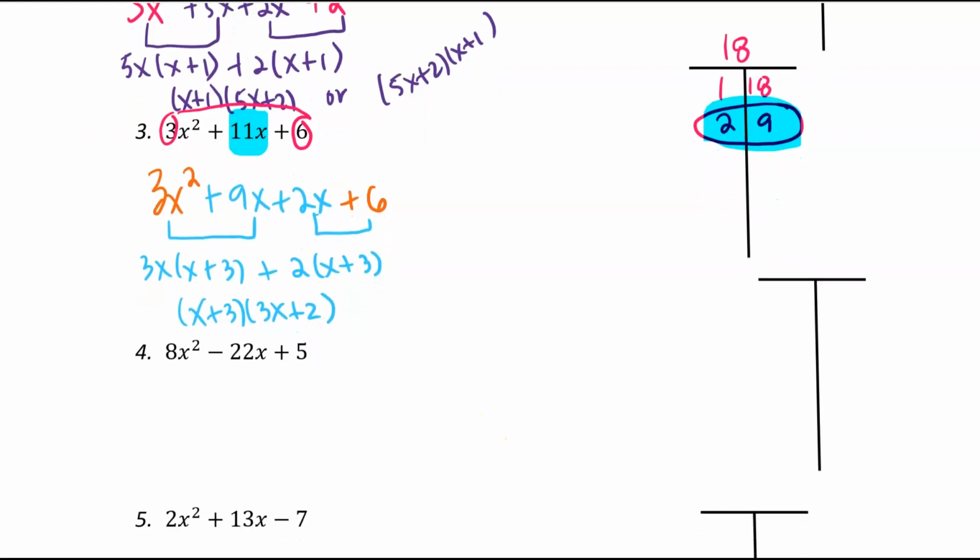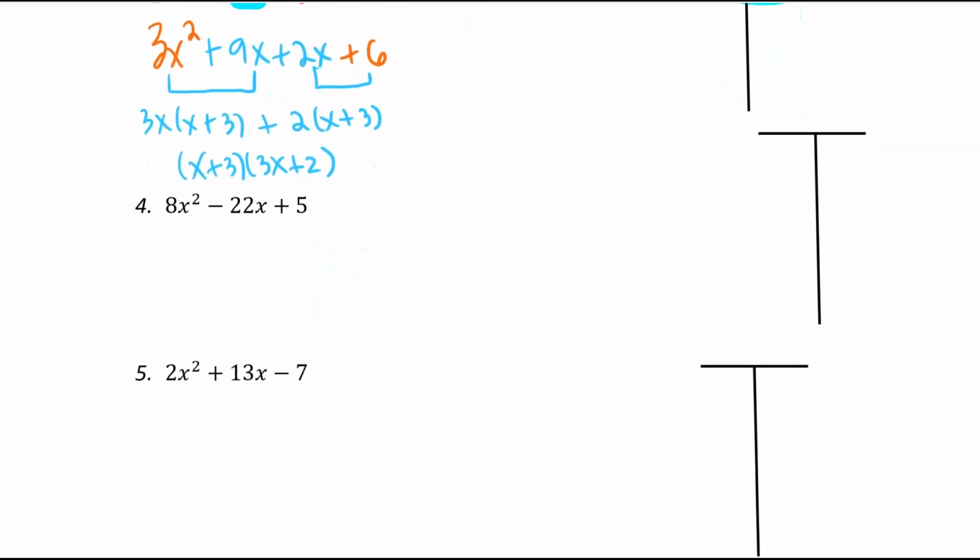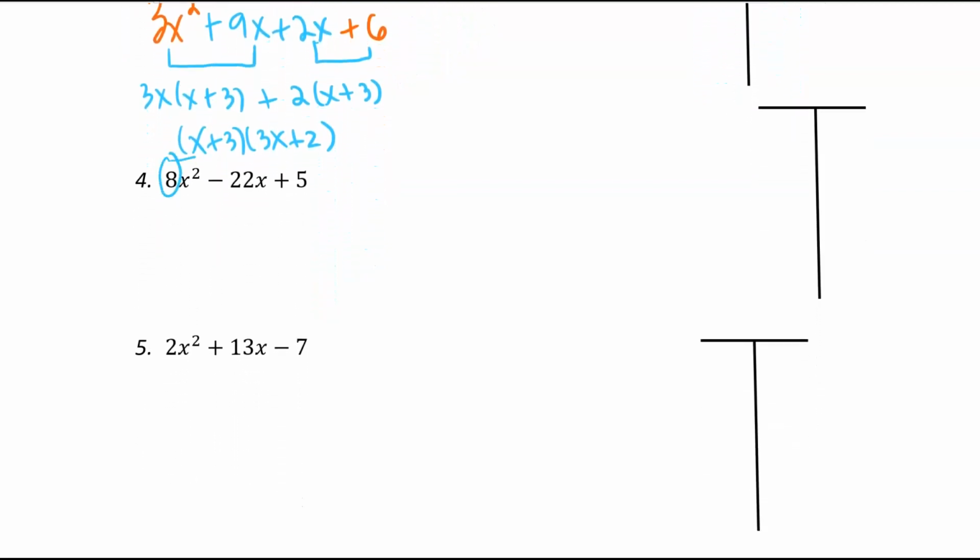Moving on to number 4, we have 8 times 5, which is 40. Factors of 40 are 1 and 40, 2 and 20, 4 and 10, and 5 and 8.